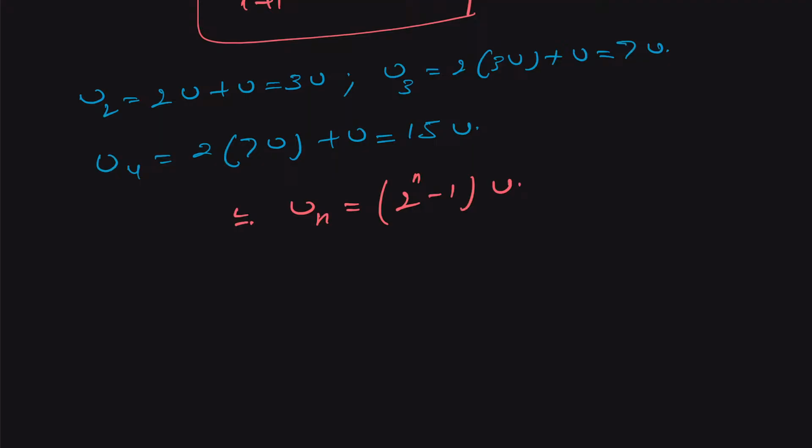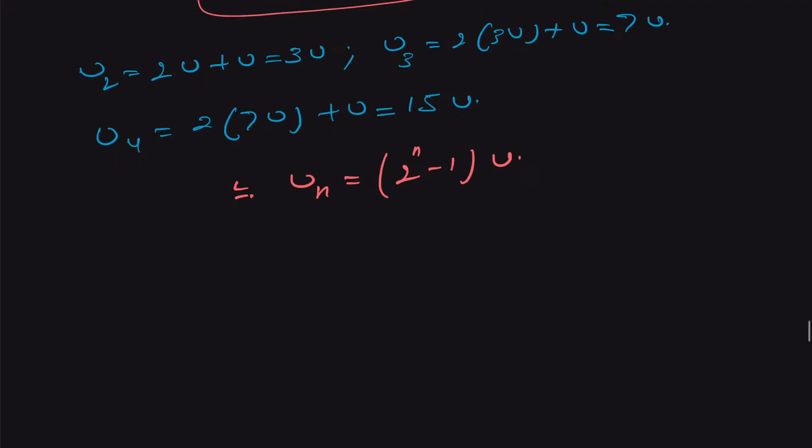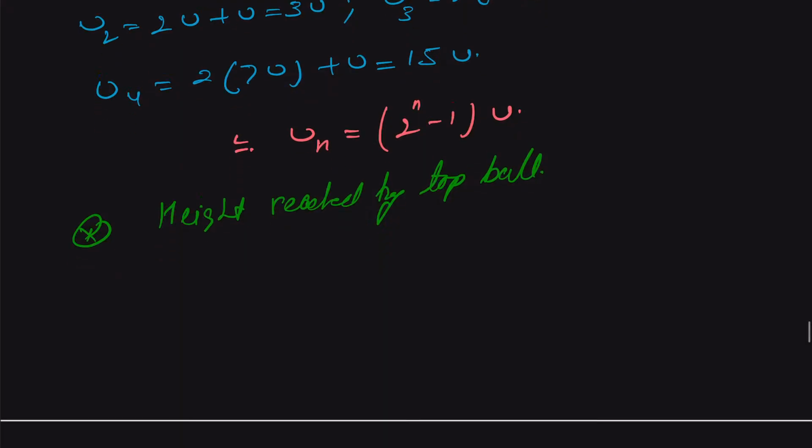Okay. And we come to our final part, that is we are interested in finding the height. And therefore we can say the height reached by the top ball. And we can use our energy conservation.